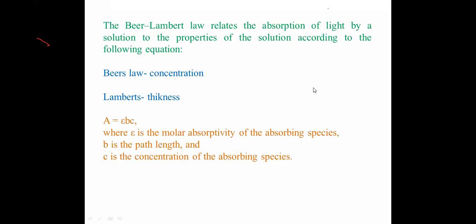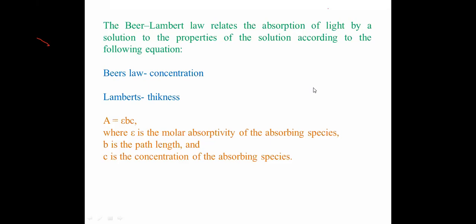Whereas Lambert's law explains that the absorption phenomenon mainly depends upon the thickness of the sample. So Lambert's and Beer's law is very important to express the relationship between the absorption of light by the solution and its properties. So capital A, that is the absorbance, is equal to epsilon into b into c.